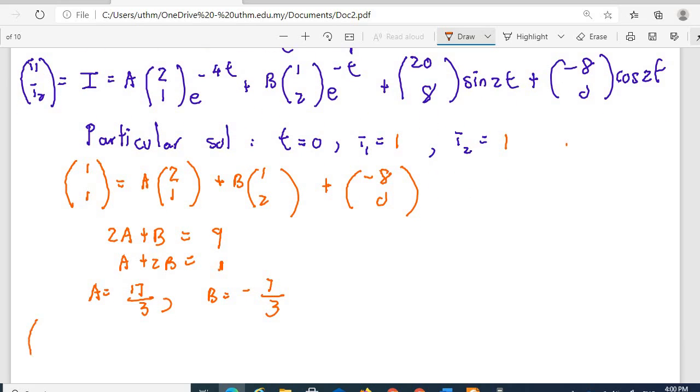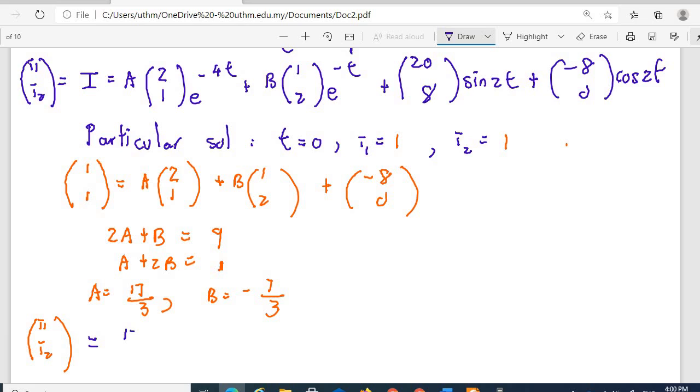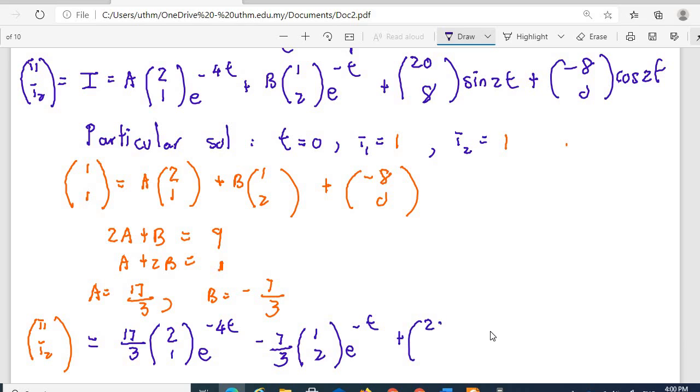It means I1, I2 is actually A, which is 17 over 3, 2 1 e to the negative 4t, B is negative 7 over 3, 1 2 e to the negative t, plus 28 sin 2t plus negative 8 0 cos 2t. So this is the particular solution.